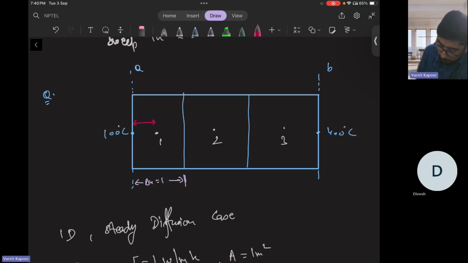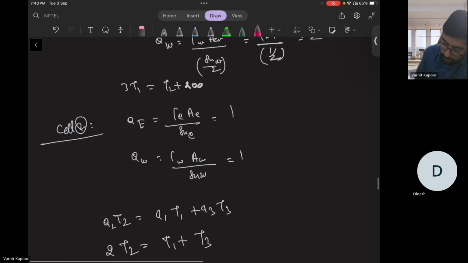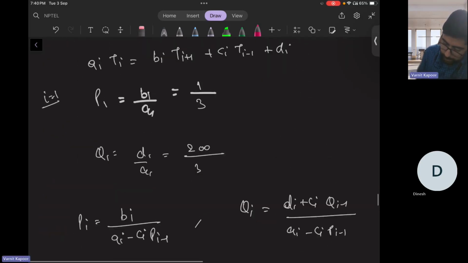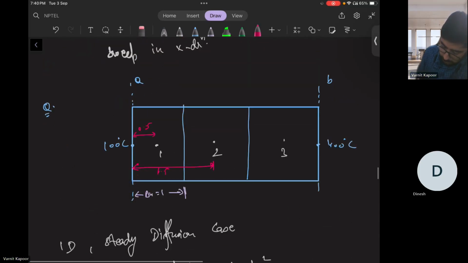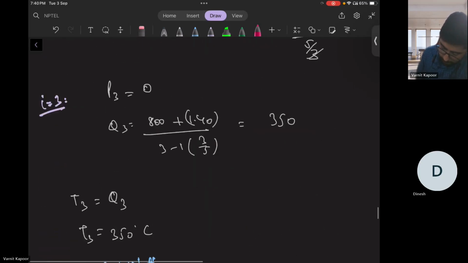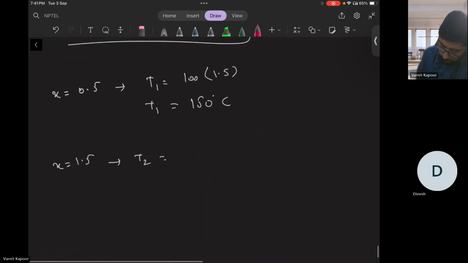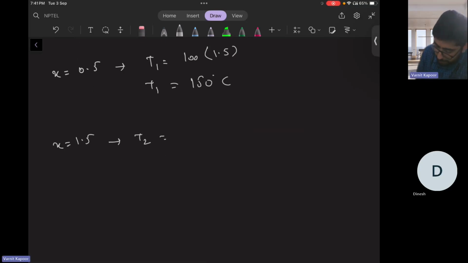This is 0.5, because this is the complete one. This will be how much? 1.5. So x is starting from here only. Your origin is here only.